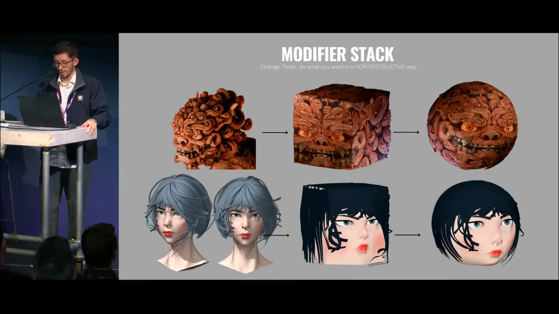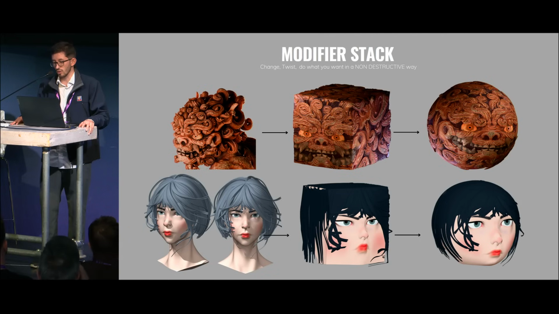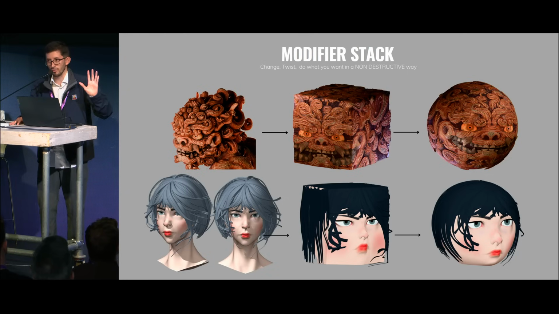I think that's a powerful feature because it allows you to unlock different ways to see your character. Also, you are not applying those changes to your mesh. You can just turn off the modifier and go back to the initial state of your sculpt.